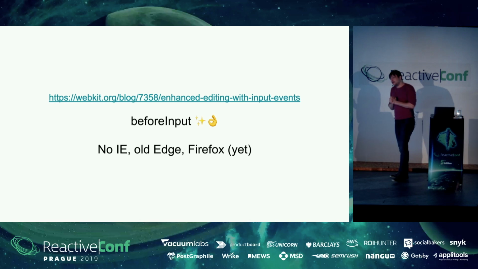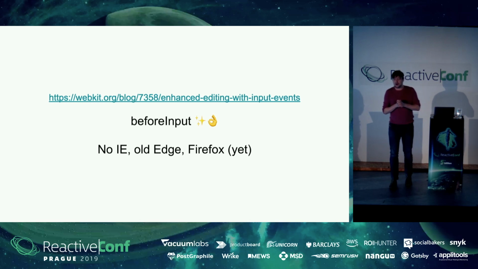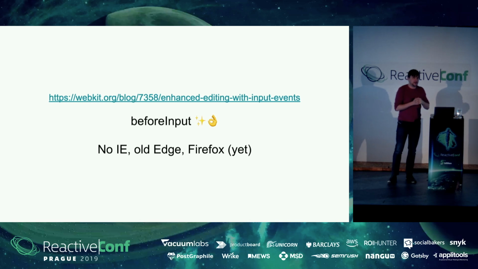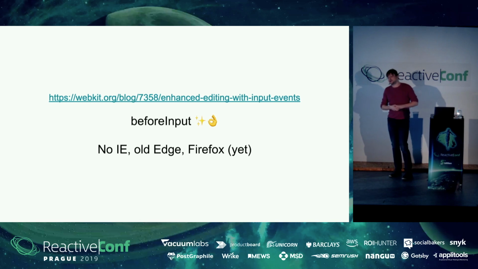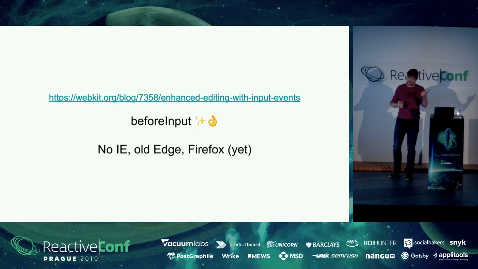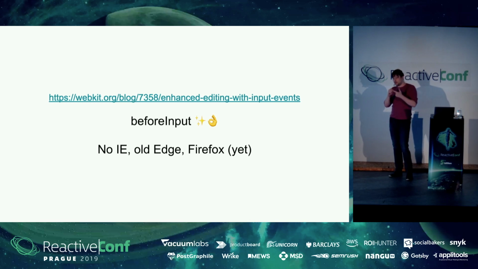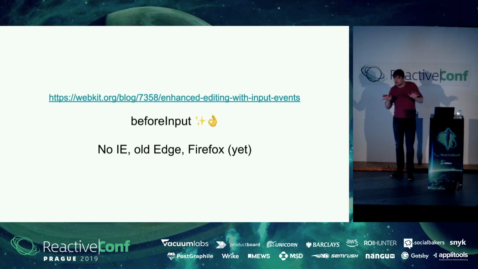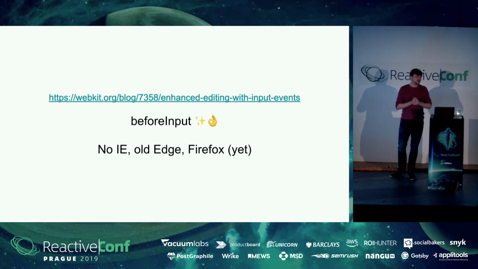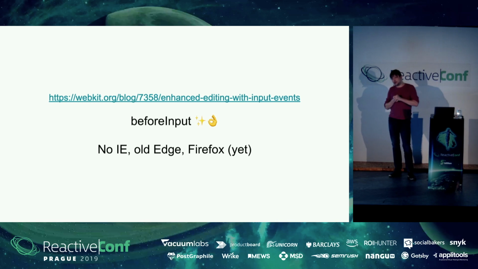Firefox is already working on that standard, and there was a huge political madness around that, and then they finally decided, okay, we will go with it first. So now we have Firefox, soon Chrome, and Safari. And trust me, that's all the support we need, because Internet Explorer is dead, and Edge will soon be built with Chromium.